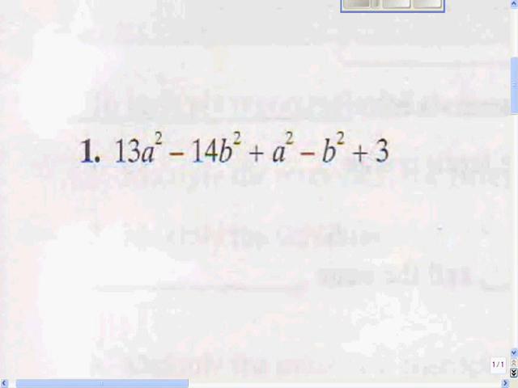So I'm looking at this problem here, and I've already noticed like terms.